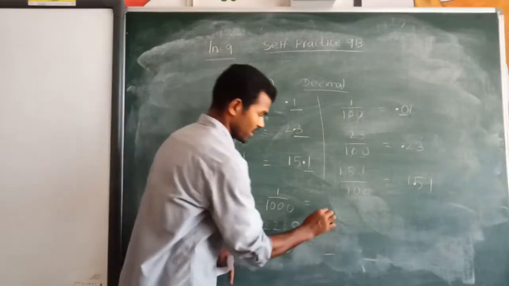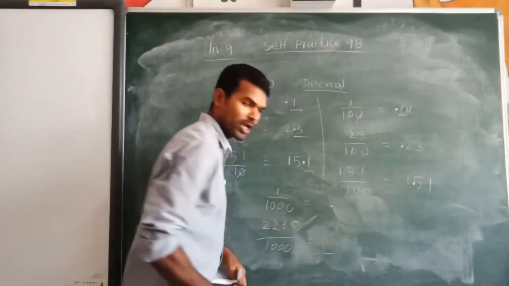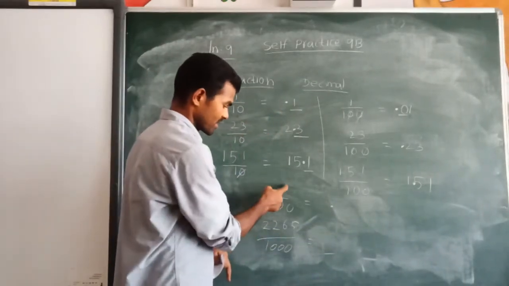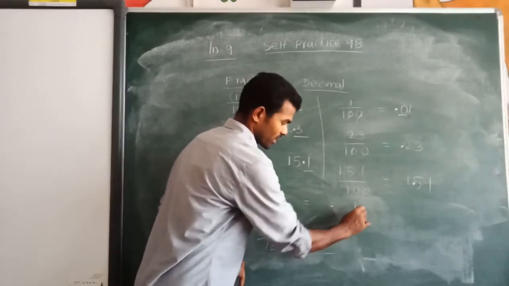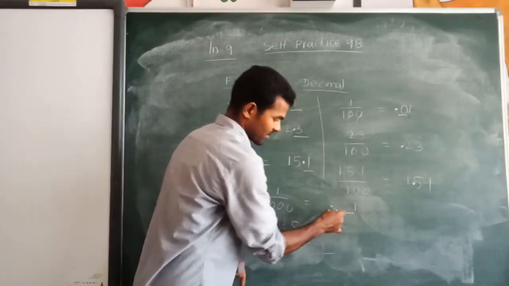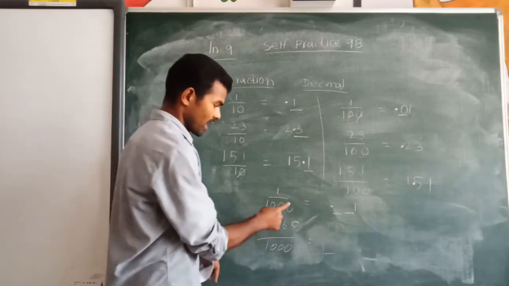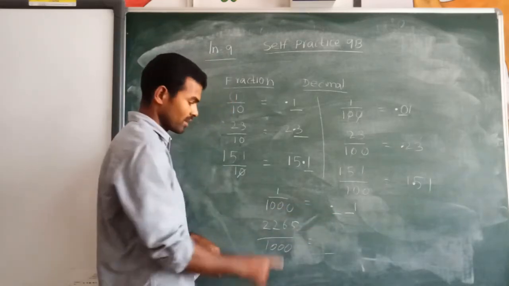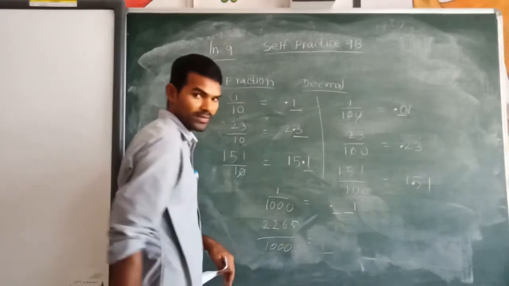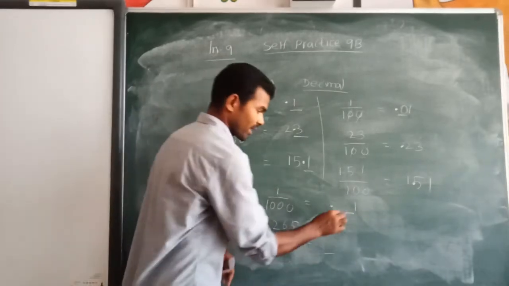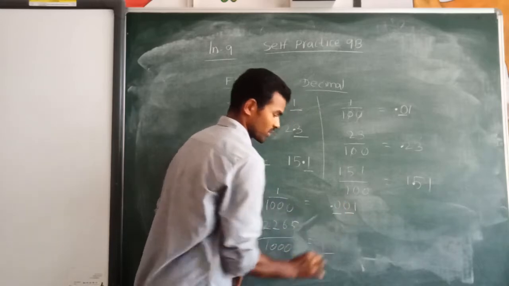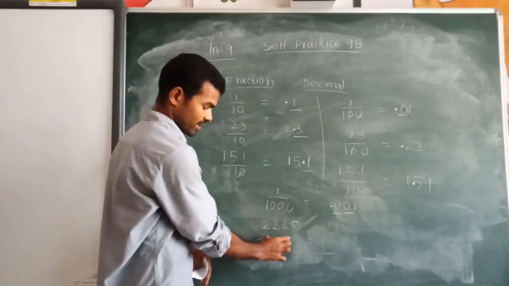That means after the point, how many numbers must come? First write the numerator. After the point, there must be 3 digits, 3 decimal places. But in the numerator we have only 1. What can we write for the other two? 0, 0.